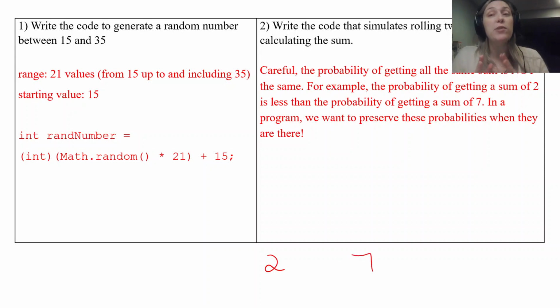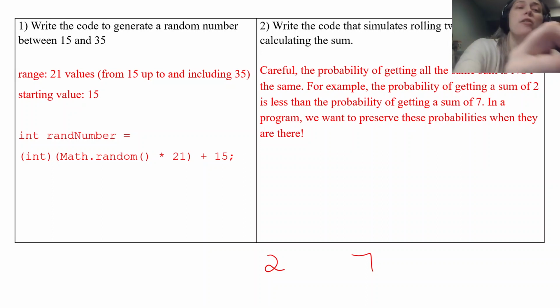Because the only way you can get a sum of 2 when you roll 2 dice is to roll 2 ones. But to get a sum of 7, you could roll a 1 and a 6, or a 2 and a 5, a 3 and a 4, etc. So the probability of getting those sums is different. And when you write a program, you want to preserve probabilities.